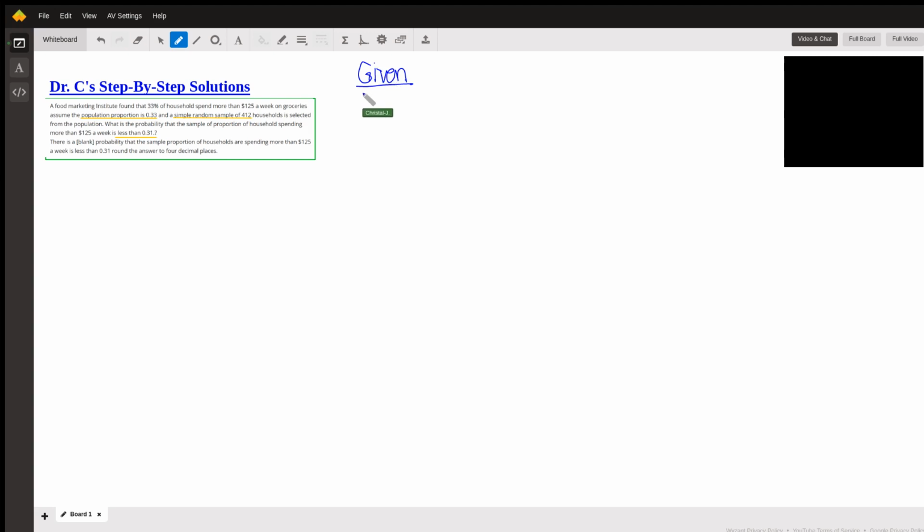they distinctly gave us the population proportion, so P naught equals 0.33, which essentially means Q equals 1 minus P naught, which is 1 minus 0.33, which we know is 0.67.